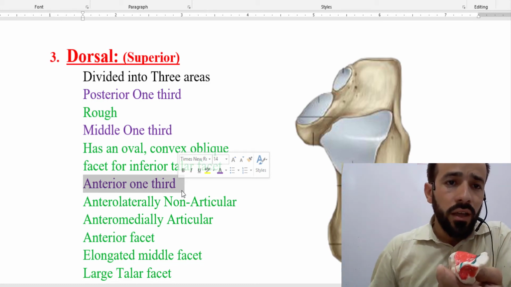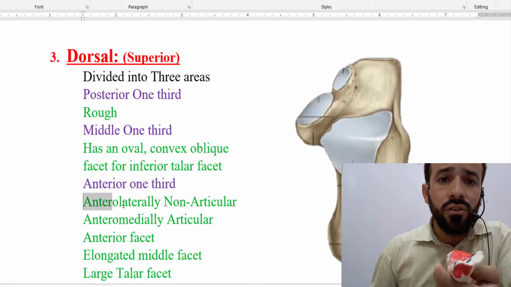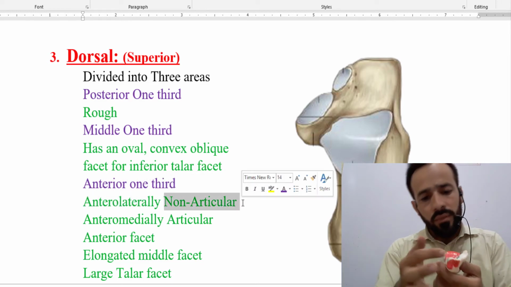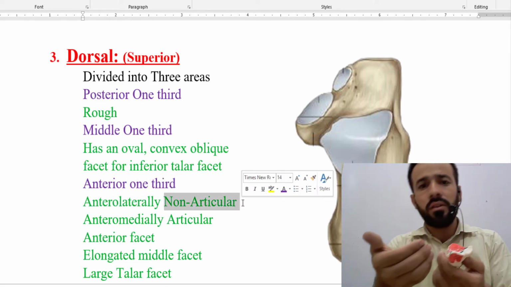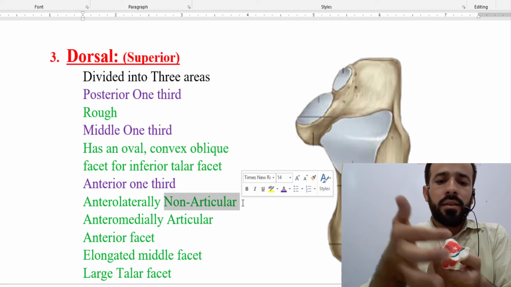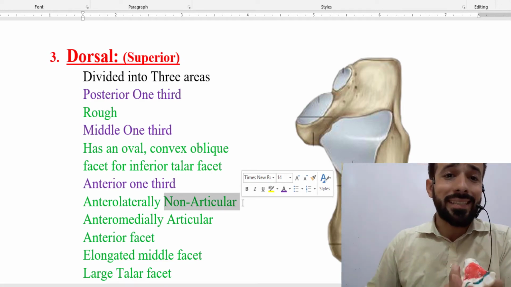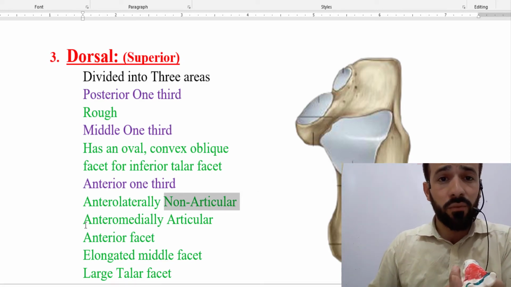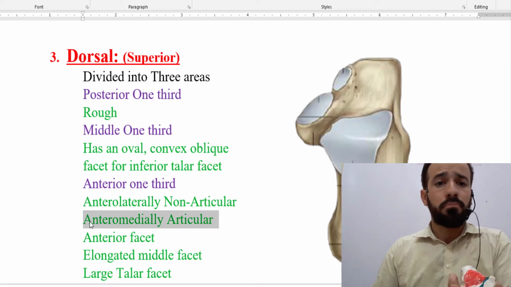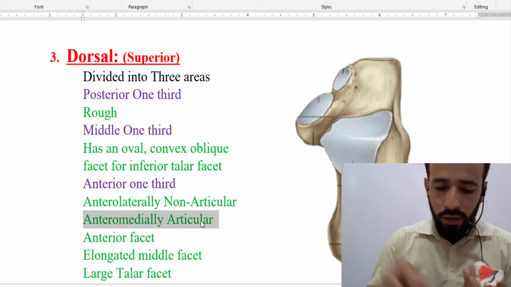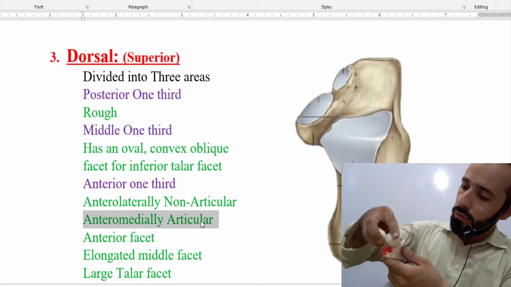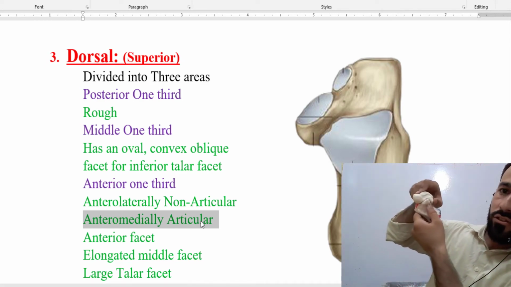I've written here, anterior laterally it is non-articular, but anterior medially it contains articular facets. Why? Because it makes articulations with this talus bone.